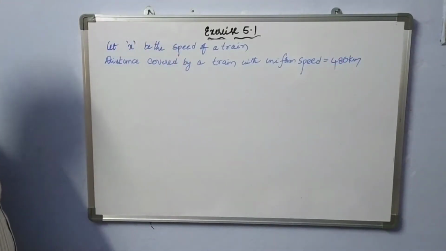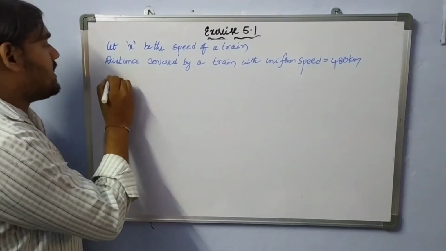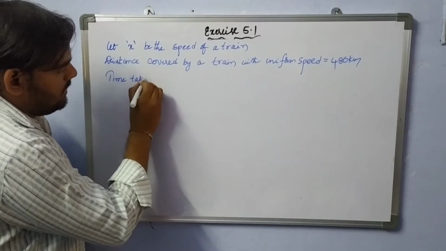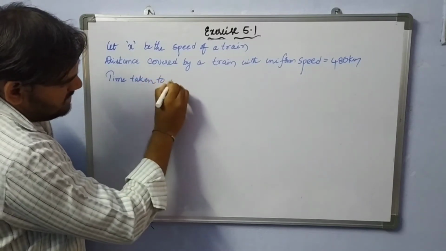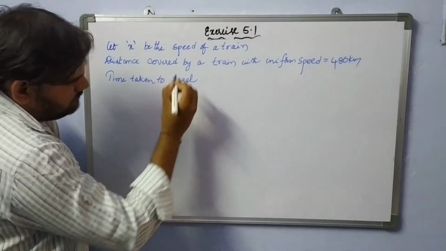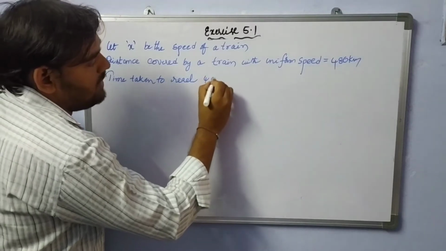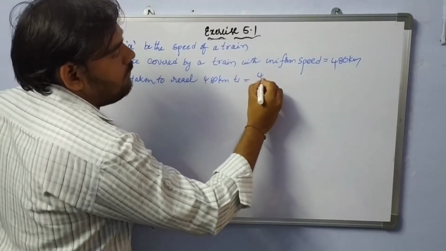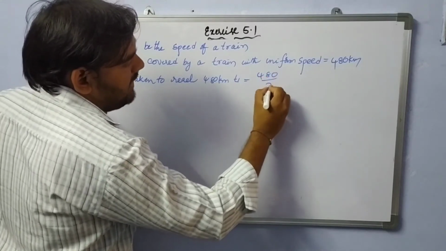Time taken to reach 480 kilometers, T1 is equal to 480 by x.